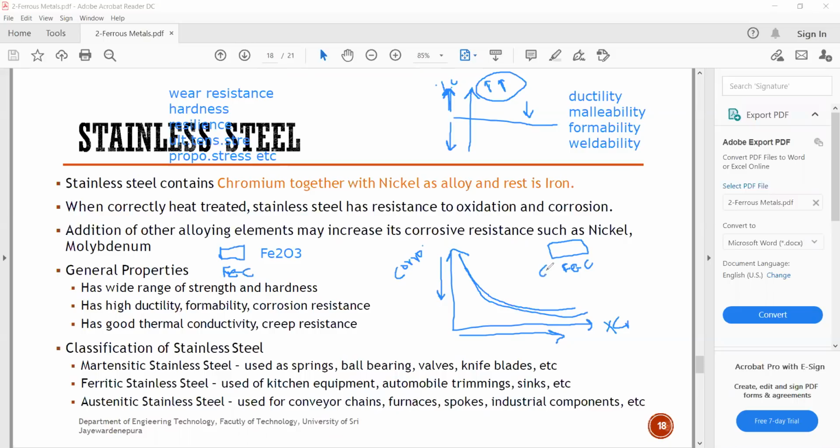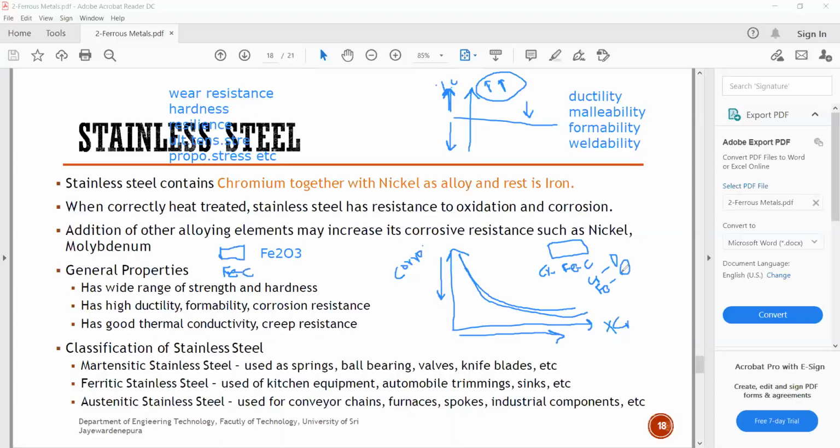That means chromium is available here. Then you expose this to the atmosphere. What will happen? Chromium can react with oxygen, and at the same time iron can also react with oxygen, right?